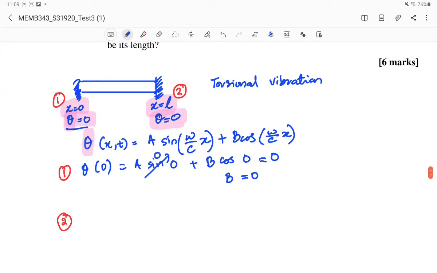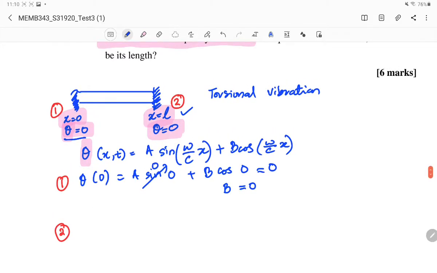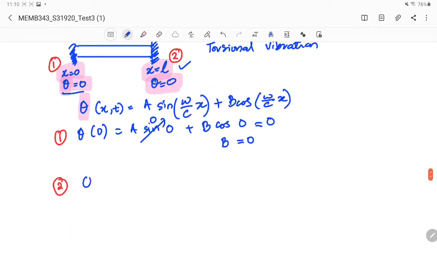Then do the same thing for boundary condition number 2 with x equals L. In this case, since your b is already 0, you only have the a expression. So instead of x equals 0, your x is now equal to L. Let me just write that down again.